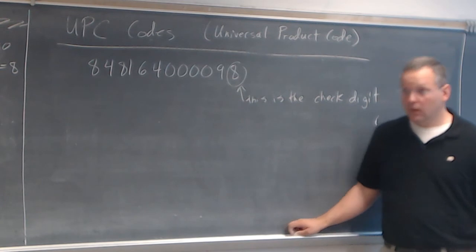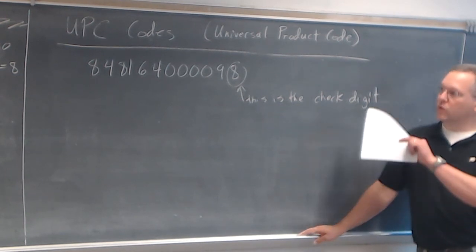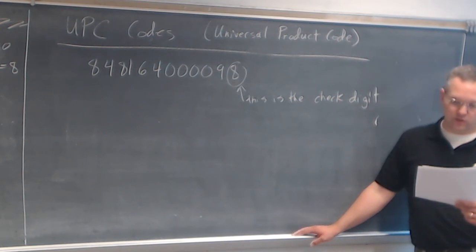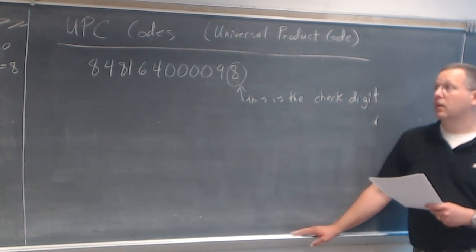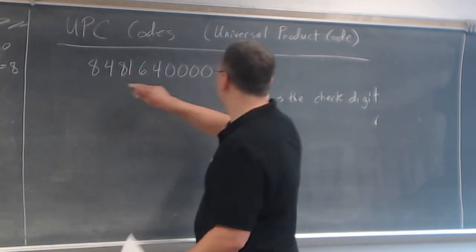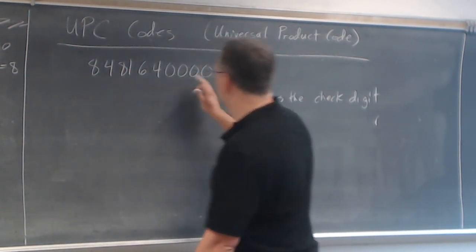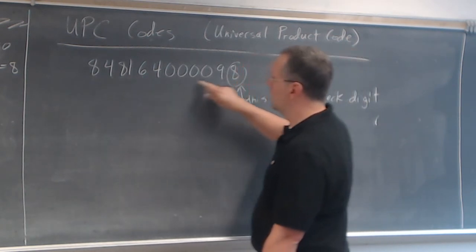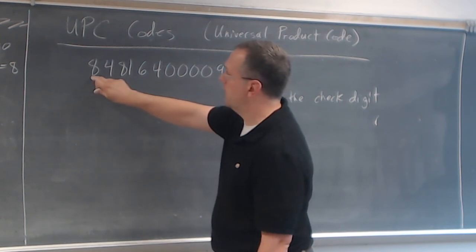It's a digit that's added so that when you follow the process, the sum should be congruent to 0 mod 10. So here's the process. If we start from the left, just look at the numbers to the left, don't use the check digit. You start in the first position and alternate.